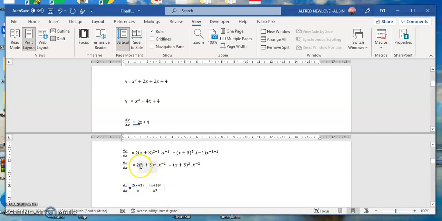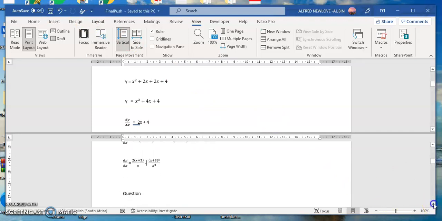Then because there is 2 here, I'm still going to have this one here as a minus, and this will come down as a denominator. So that will be the derivative.